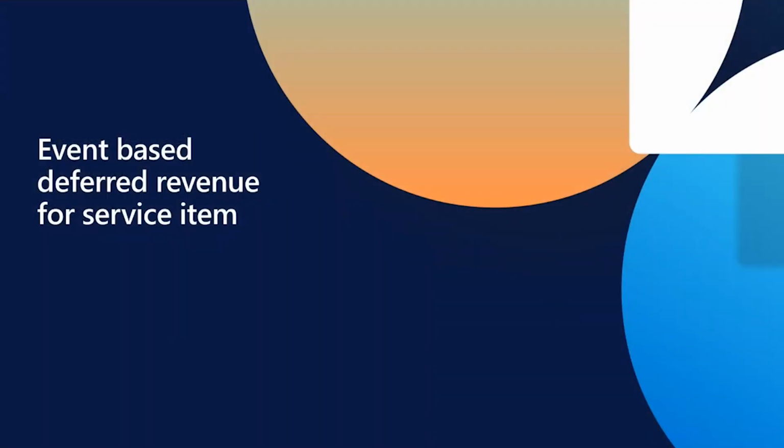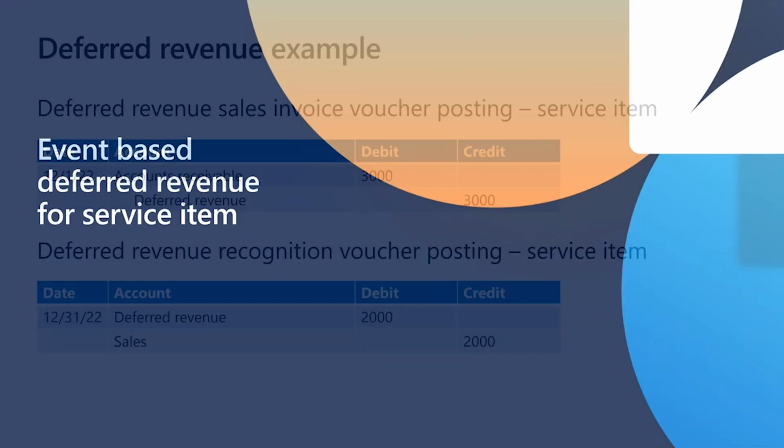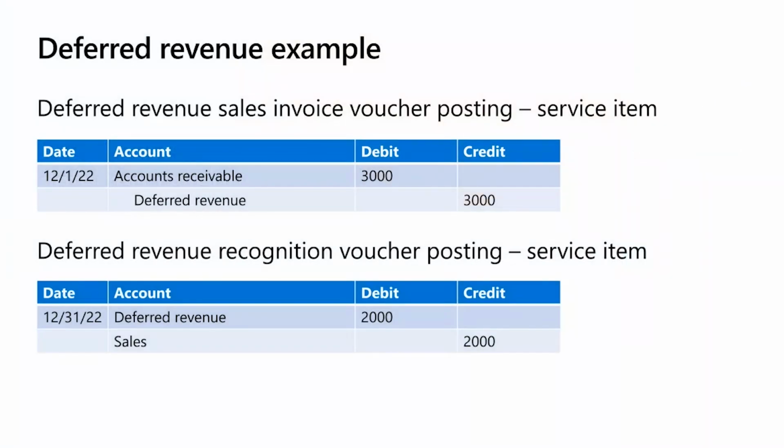All right. Our next scenario that we'll talk through is event-based deferrals. And this, we're going to do a service item again in this case, trying to build off of our examples in each case, showing the different functionality depending on the types of items that we used.